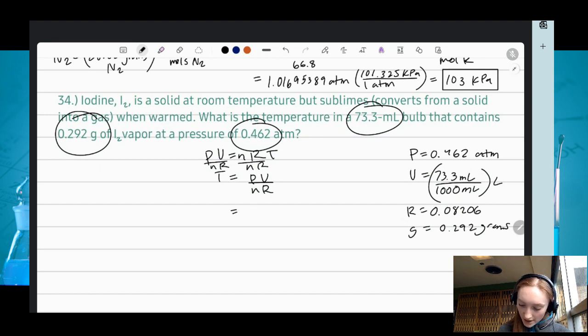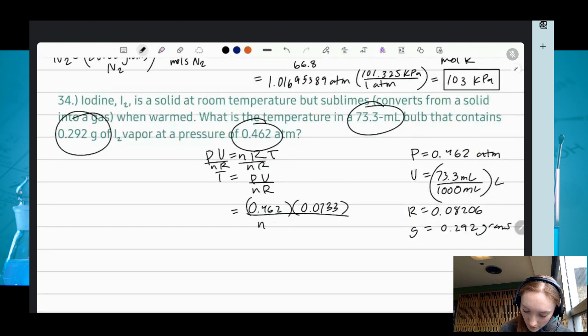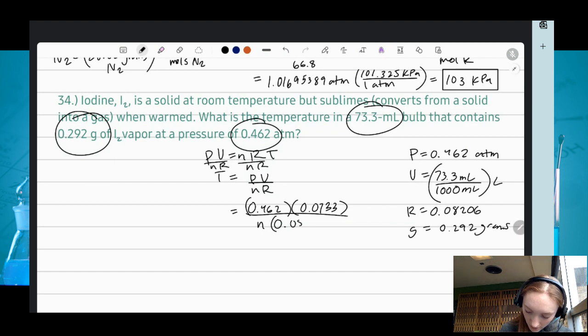The pressure is 0.462. The volume is 0.0733. The n value we will solve for in a second. And for R, it is 0.08206. And so that will equal the temperature.